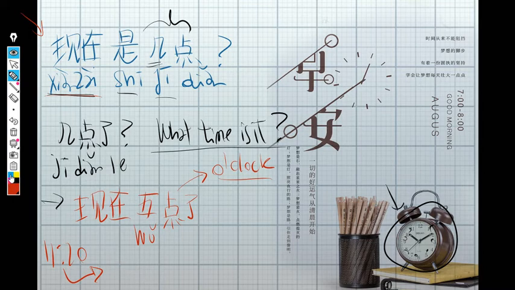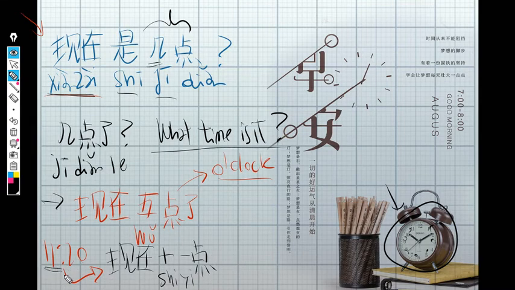Let's try another color here. 现在 11 点, which is 11. Sorry, 20 分, shifen. So 11:20.